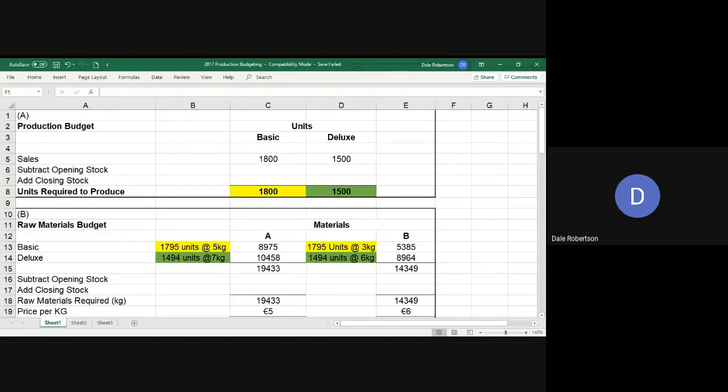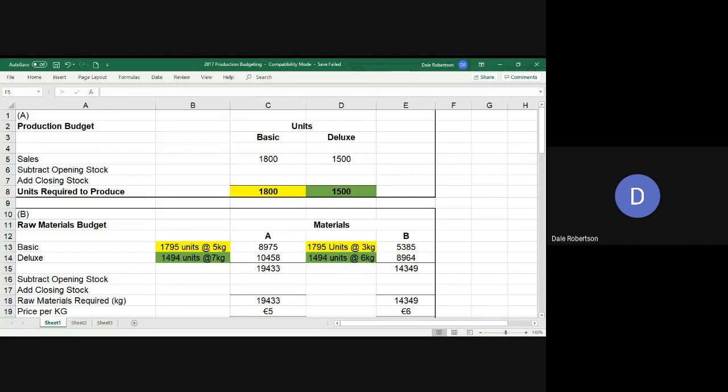That's how much those kilos were bought for last year. And again, we know how to get the closing stock on that, 10% less. It tells you about the raw material prices during this year. And then finally, it tells you about the skilled labor rate. We expect to pay our staff €50 per hour. And there are production overhead costs, variable overheads of €8 per hour, and a fixed overhead of 322,300.